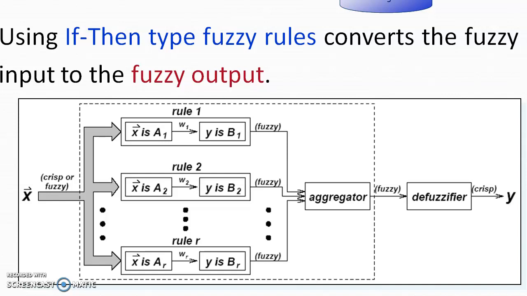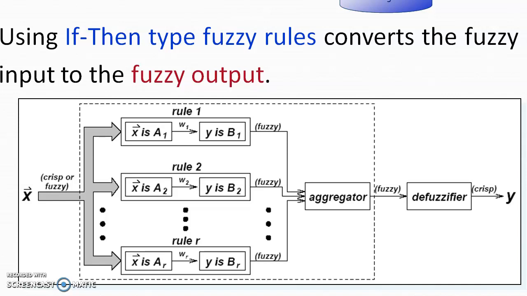We know that we have antecedent parts and consequent parts. We have one or more antecedent parts, which is the if part, and we have one definite consequent part, which is the then part.